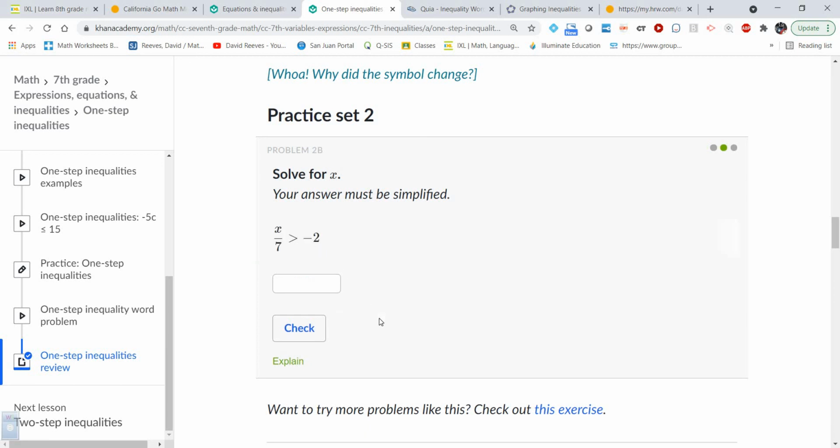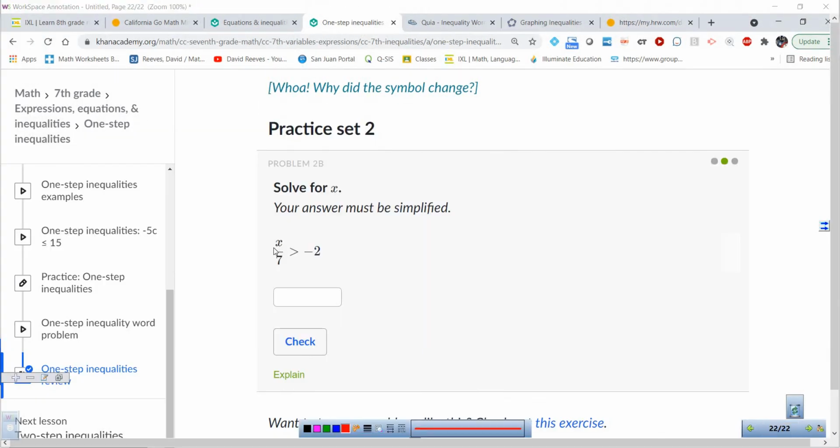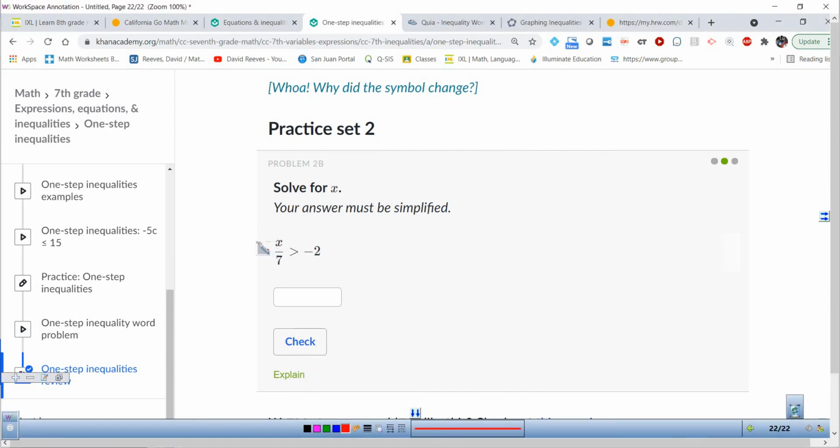All right, how about the next question? Here we go. X divided by 7 is greater than -2. So what am I going to have to do on this one? I'm going to have to multiply by 7. Now, what kind of number am I multiplying by? A positive number. So that means if it started true, it's still true. So what do I get? I get x is greater than -14.